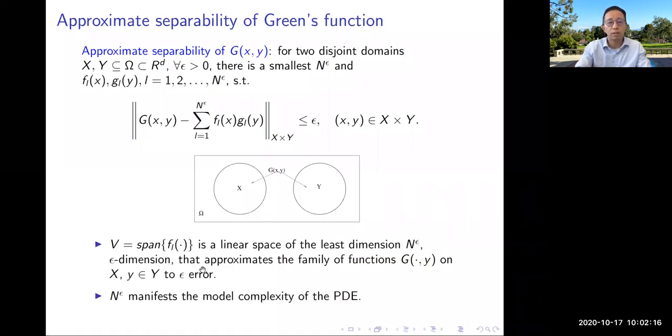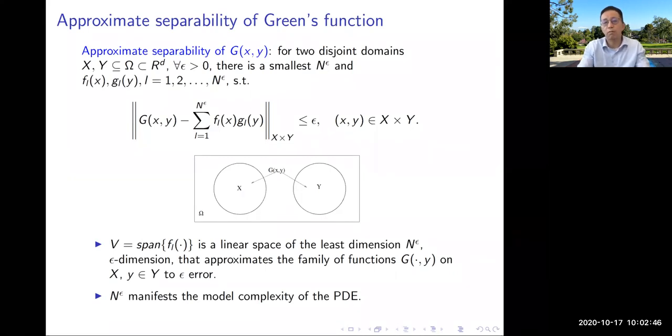And what I'm trying to say is this is exactly related to what I said, the characterization of the intrinsic complexity of the family of functions, the Green's function, or the family of functions parameterized this way, because this is the basis. Well, this is the coefficient, depending on where you are, and then the coefficient changes. But basically, this whole family of functions in X can be represented by a linear combination of f_l, this many functions.